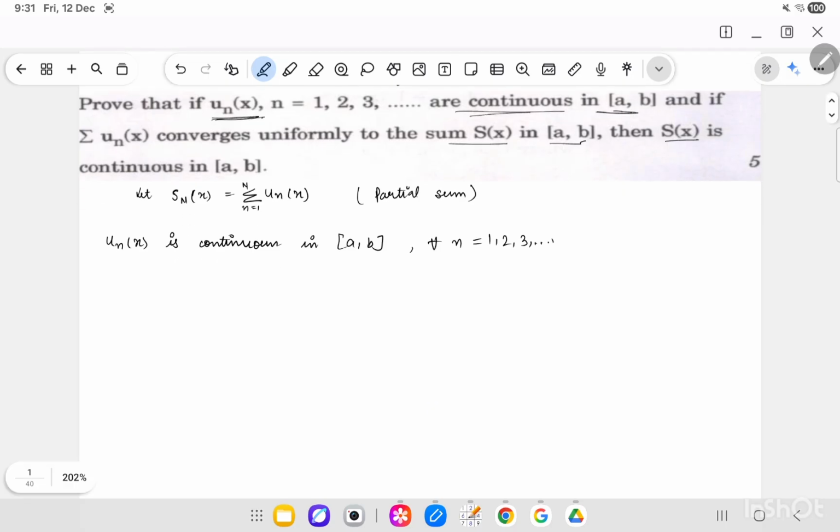We know that the sum of two continuous functions is continuous. So from here we can conclude that S_N(x), which we defined as the finite partial sum of u_n(x), is also continuous on [a, b]. And why so? Because the sum of two continuous functions is continuous.